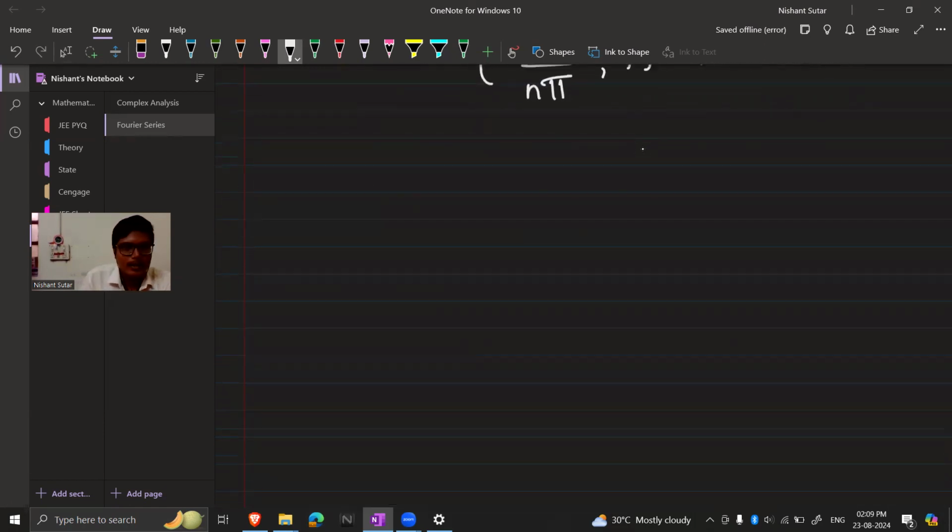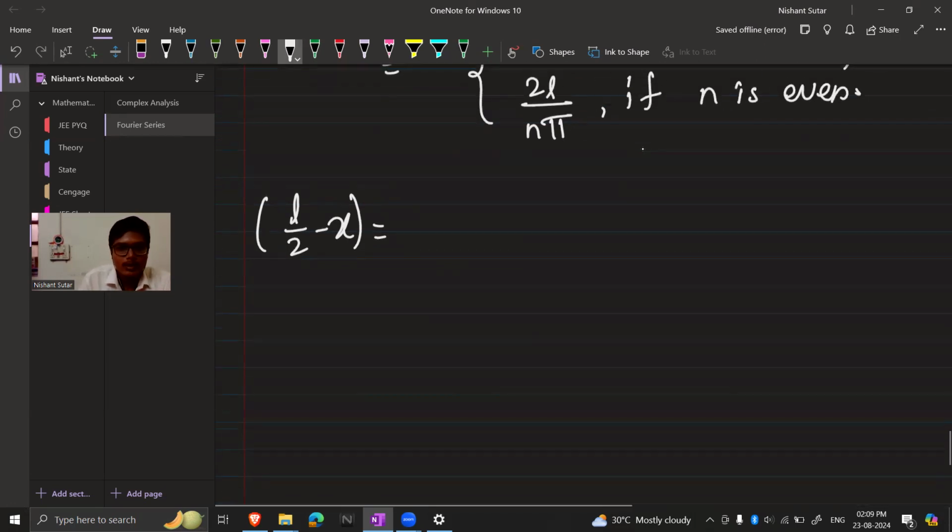So write it down in the series. We have L by 2 minus x is equal to, with a naught and a n as 0, taking out the constant term, 2 upon pi, L upon pi, summation n equal to 1 to infinity.